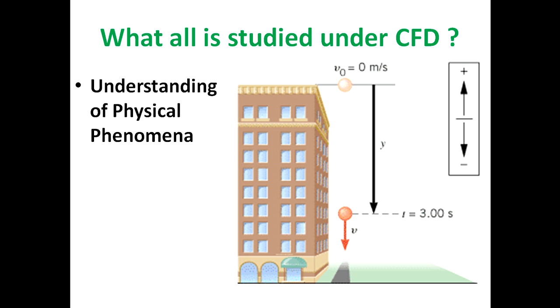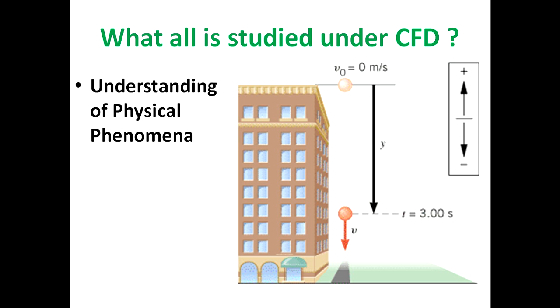This falling of a ball is not CFD. I just showed it to correlate the unknown values with the physical phenomena. The unknown value here is V, and the physical phenomena taking place is the acceleration due to gravity. So this correlation we can build.